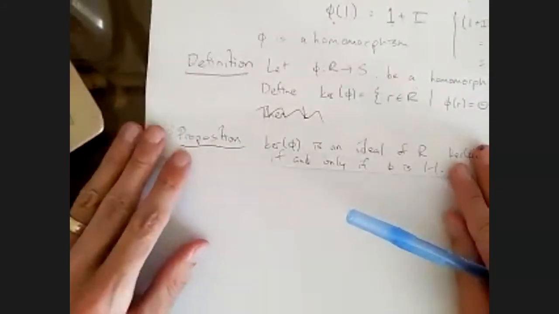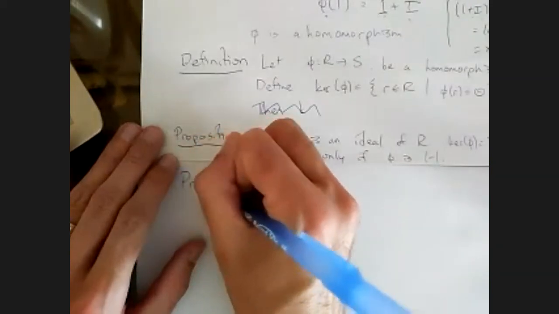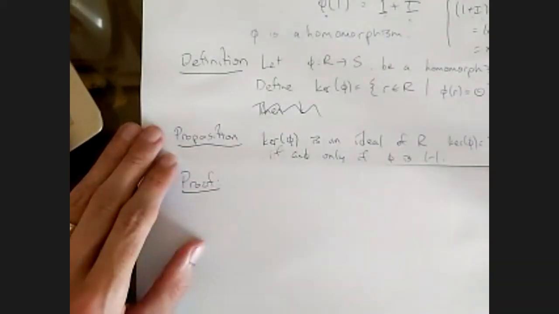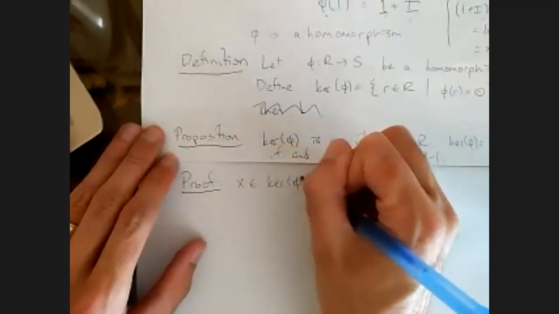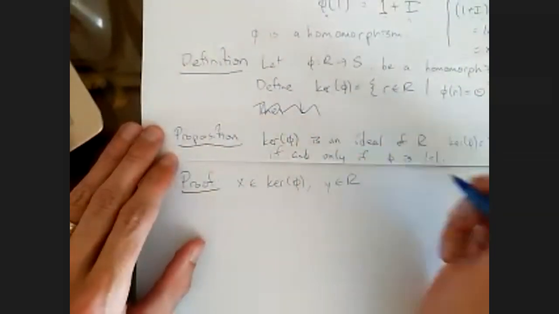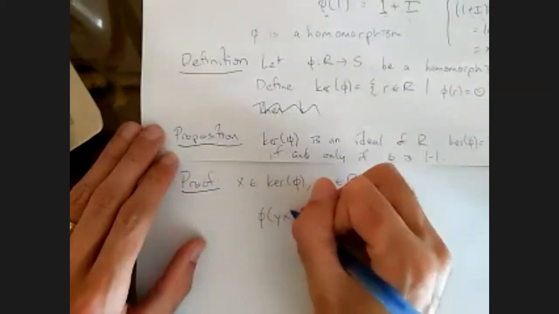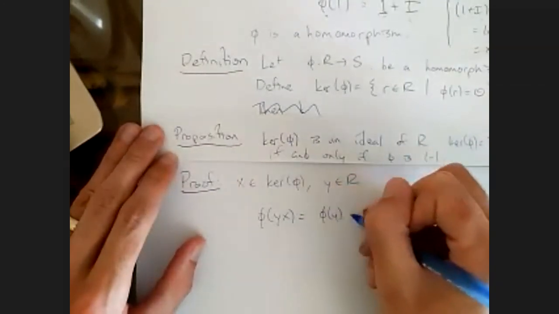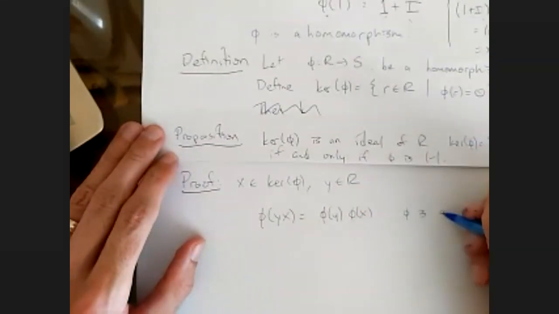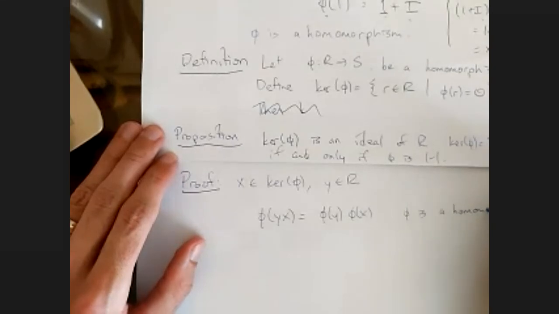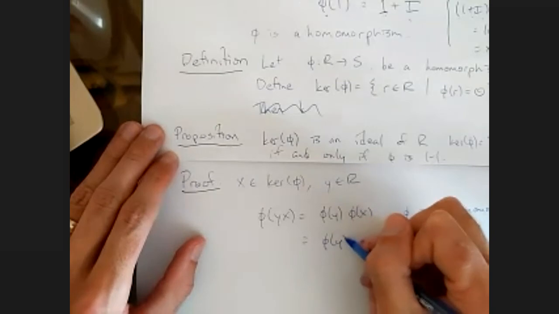Let's see why that is. Why is the kernel of phi an ideal? Well, we just ask, what is phi of yx? Well, that's just phi of y times phi of x, since phi is a homomorphism.